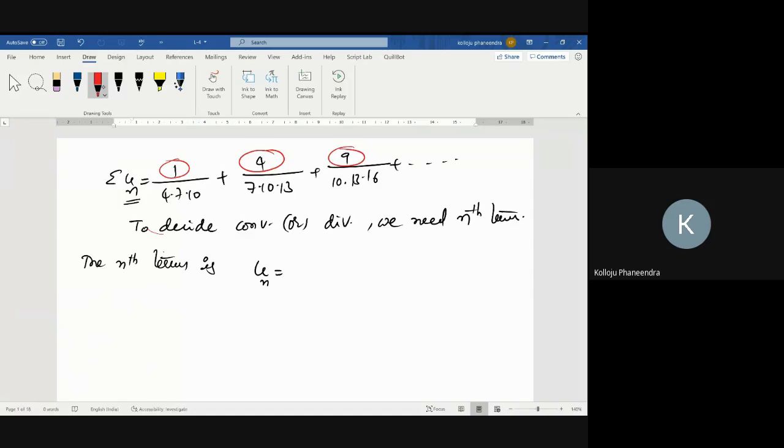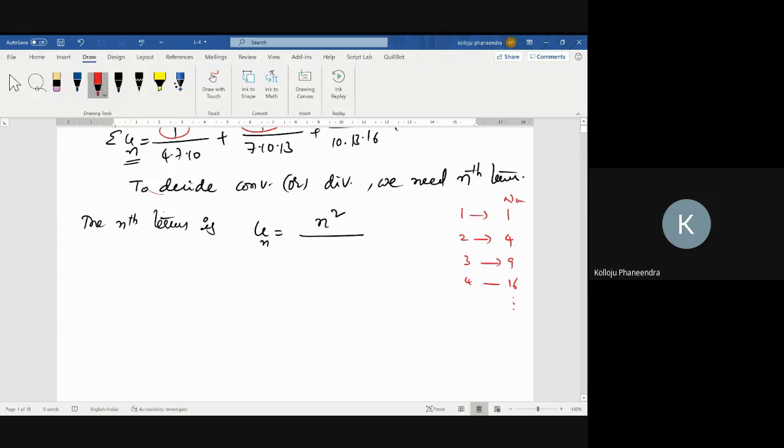The first term has 1 in the numerator, the second term 4, the third term 9, definitely the fourth term 16, like that. Therefore, this is n square. This is about the numerator, right? Coming to the denominator, it is the product of 3 terms. In that product, see the first term, 4, 7, 10.